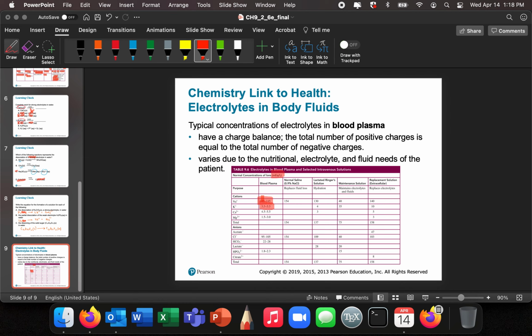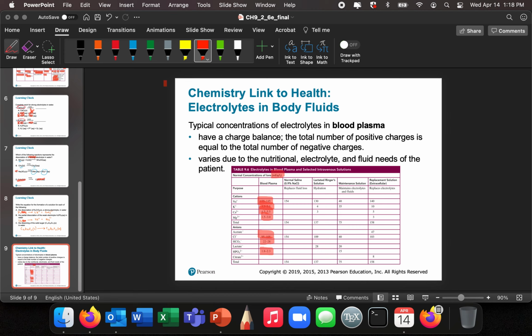Potassium, wow, way less. Calcium also way less. Magnesium, less yet, right? Chloride, up there pretty much, closer to sodium, right? Bicarbonate, right? And phosphate. Bicarbonate's huge compared to phosphate, right?